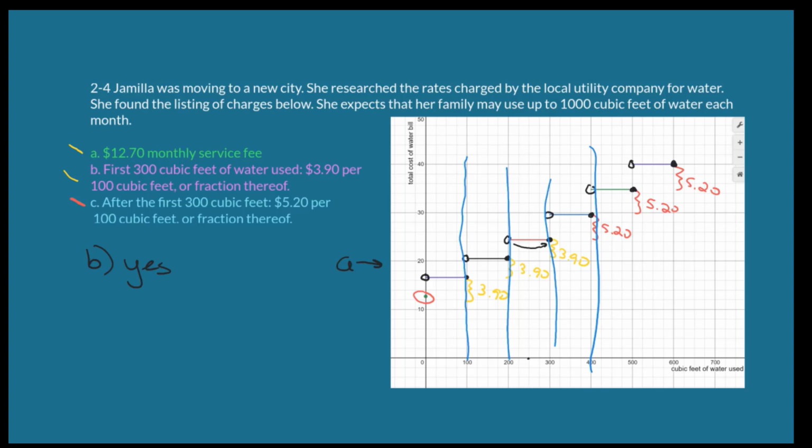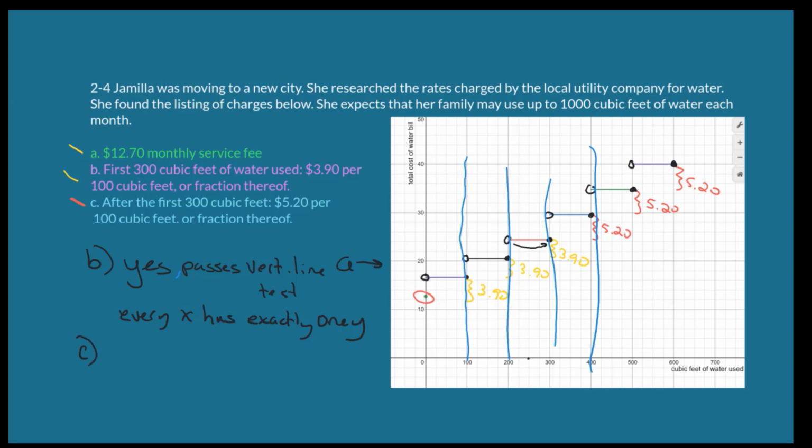If both of them were closed, then it wouldn't be a function. But this passes the vertical line test, so yes. And I can just clearly just say passes vertical line test, and every X has exactly one Y. Okay.